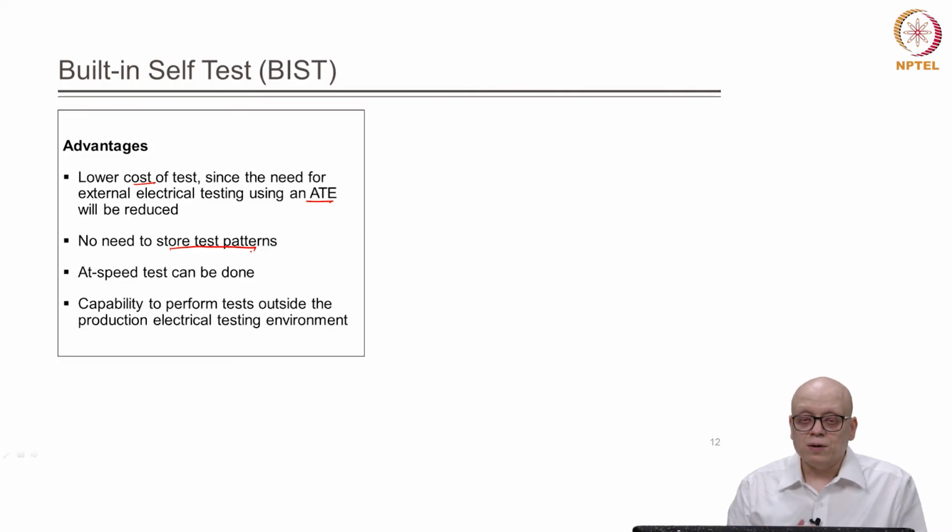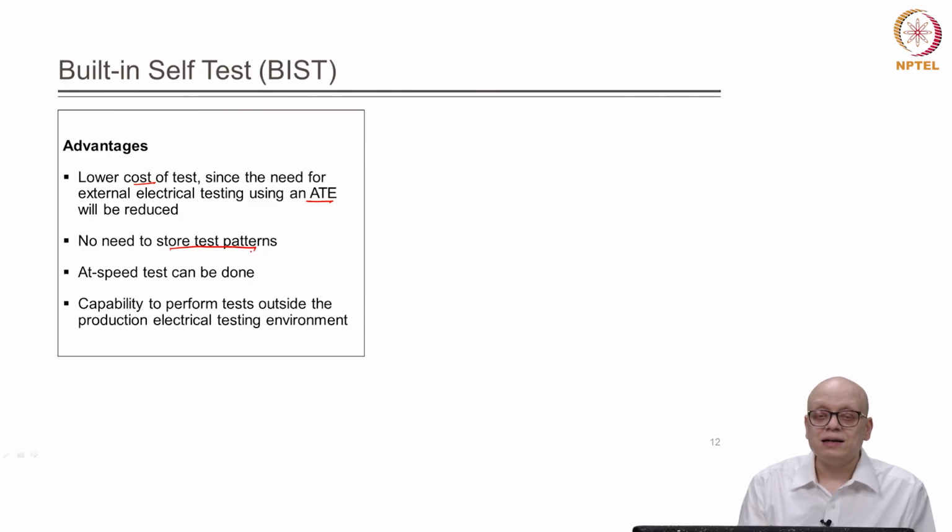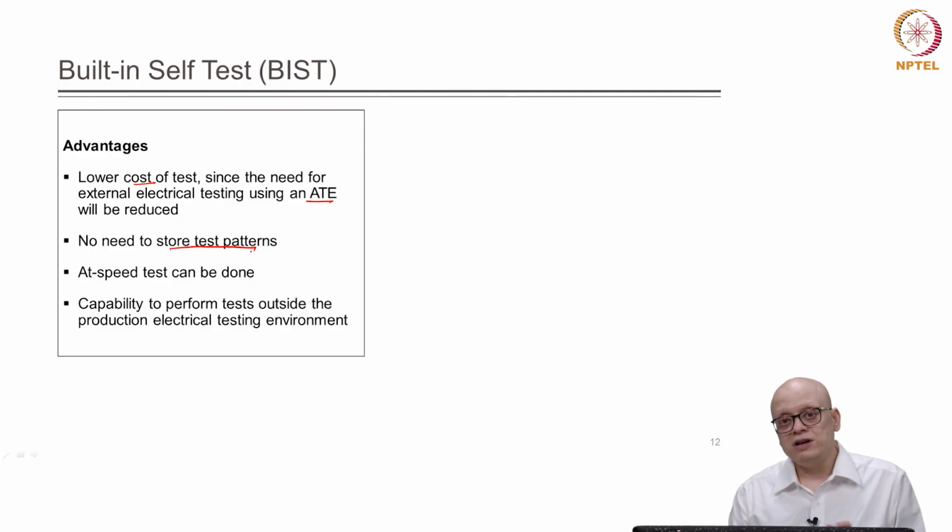And the other advantage of BIST is that we can perform testing in the production environment, right. We do not need expensive ATE, and after our chip has been integrated at the system level, we can still carry out BIST based testing, right.